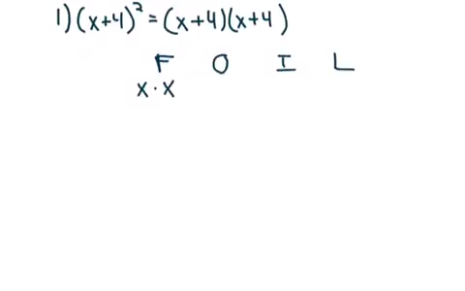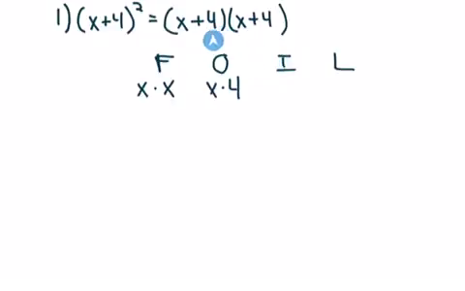Now I'm going to add that, and I'm going to wait to put in my sign. Let's see here. Outer terms, we want to do the outer terms on this expression. So we've got x and 4, so I'm going to multiply x times 4. And then I want to do the inner terms. That's what the I stands for.